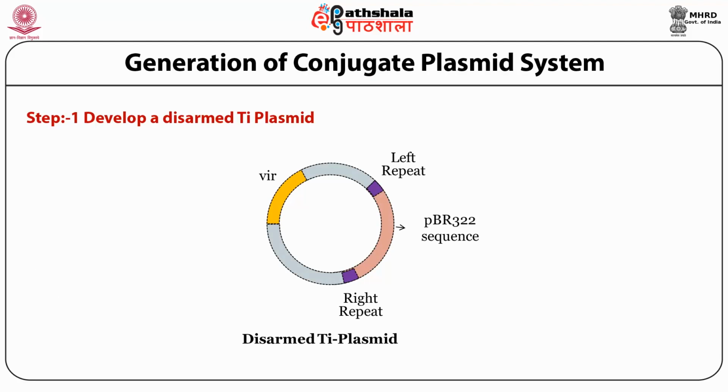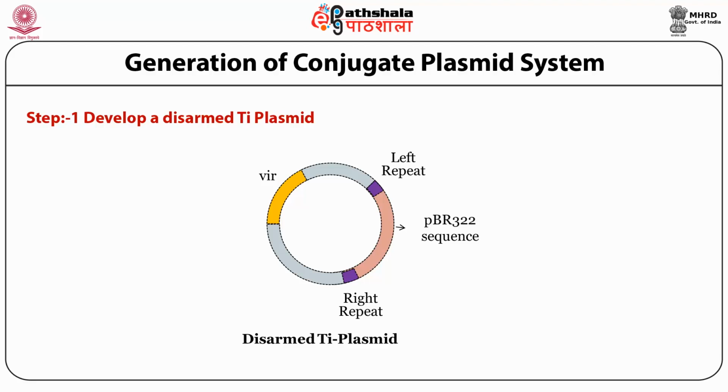As I told you earlier, there are two plasmids involved in the formation of a conjugate plasmid system. So the very first one is a disarmed Ti plasmid, and in this schematic, as you can see, this is a disarmed Ti plasmid. It contains two tDNA repeats, the left repeat and the right repeat, which border the E. coli pBR322 sequence.